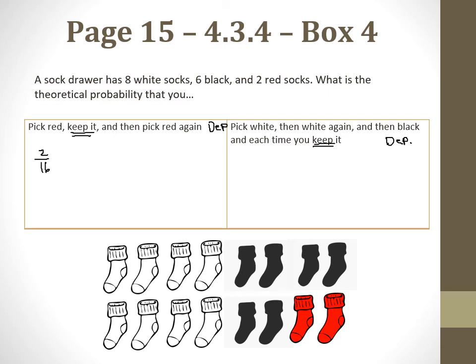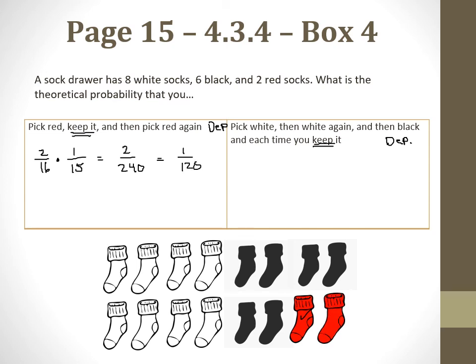But if we pick that red and then keep it so that it is no longer in the drawer here, now looking at my new adjusted drawer, the probability of picking red, there is only 1 red sock left out of 15 socks in the drawer. So that's 2 out of 16 times 15, which is 240. And that simplifies to 1 out of 120.